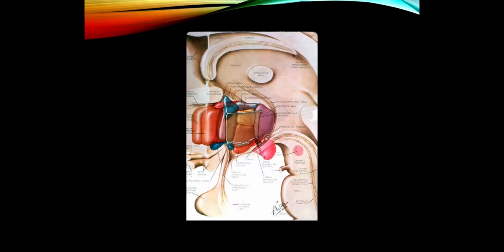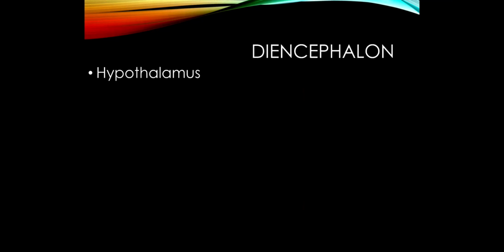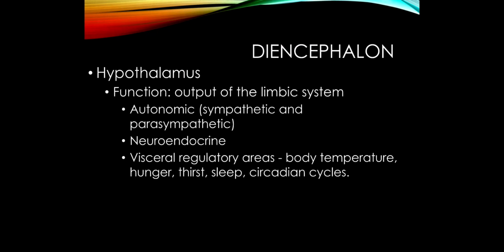So like the thalamus, the hypothalamus also has lots of individual nuclei that have a unique function, and we have an hour lecture to go over all of those. Okay, so for now, as a big picture, the hypothalamus is the head ganglion of the autonomic nervous system. In terms of sympathetics, parasympathetics, the hypothalamus is, in a sense, in charge of that.